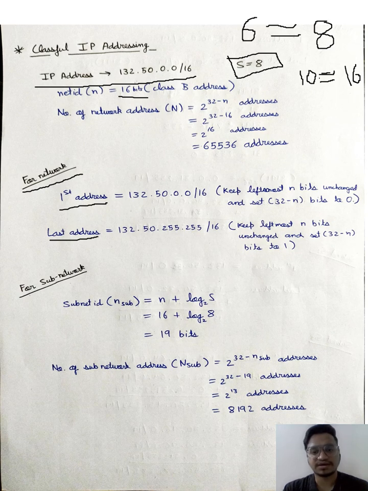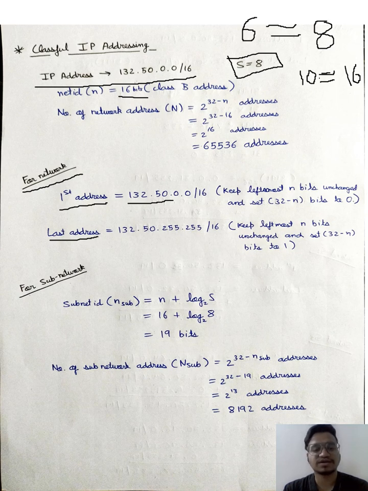Here small n value is 16, so we keep 16 bits of the given IP unchanged, and set 32 minus n bits, which is 32 minus 16 equals 16 bits, to 0. The first 16 bits are 32.50, which we leave unchanged, and the remaining bits we make 0. They were already 0, so here it is 0.0, and /16 is there.